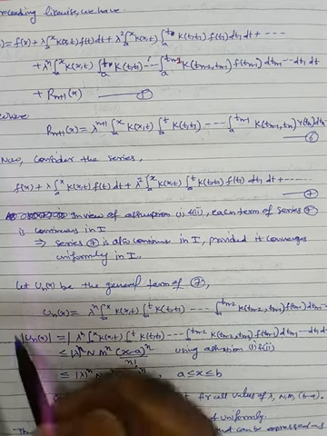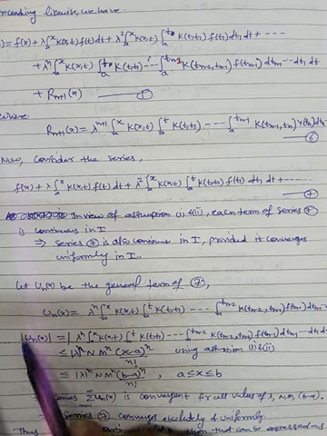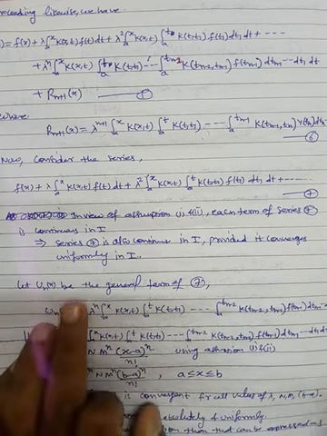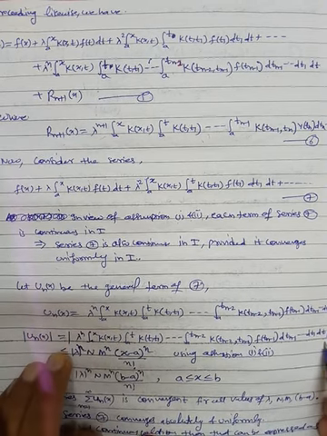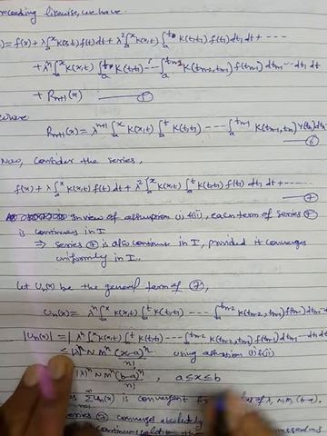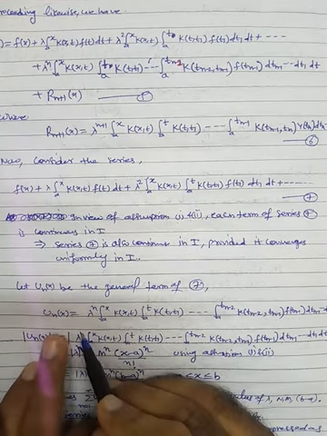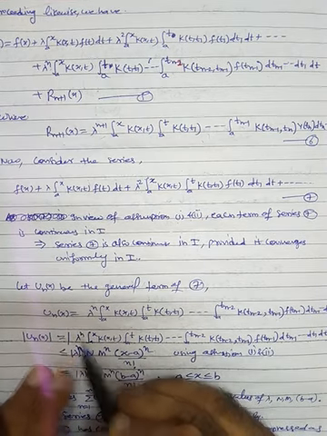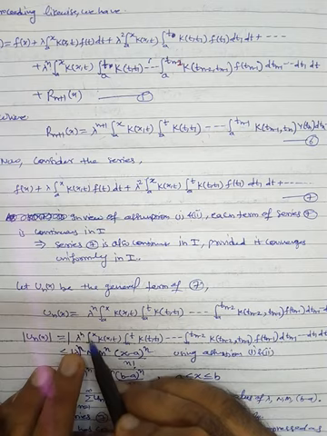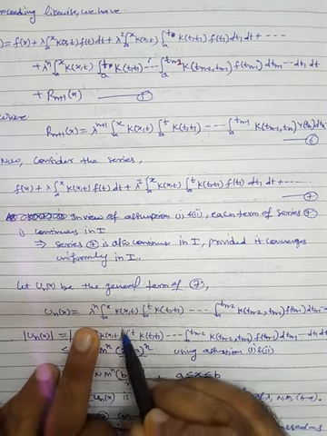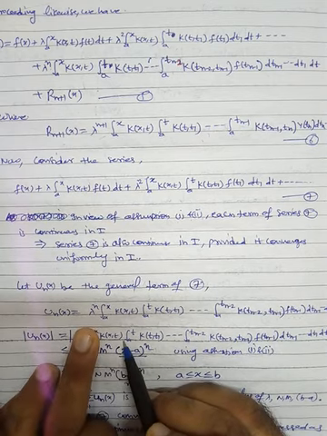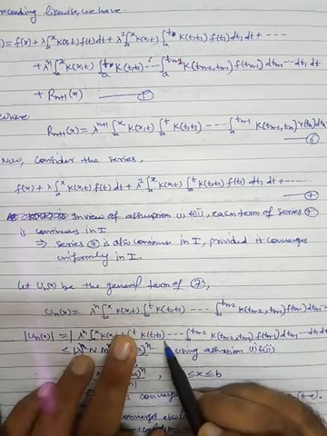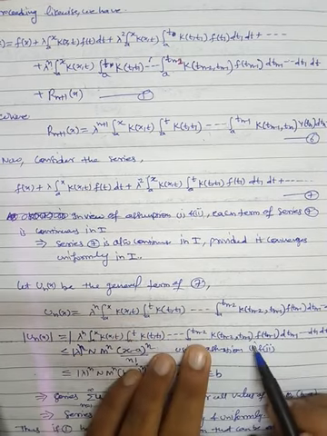Now take the magnitude of this whole term. We can take the magnitude of individual terms: magnitude of lambda raised to the power n, then the integral of magnitude of k(x,t). But the magnitude of k(x,t) is bounded by M. So the magnitude of k(t,t1) is M, and so on.